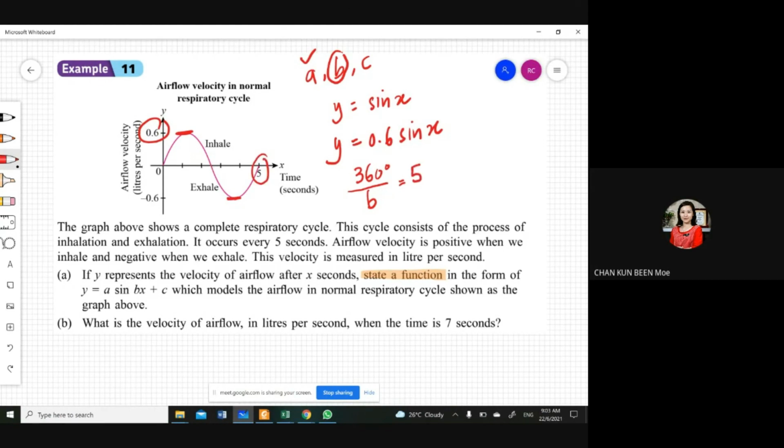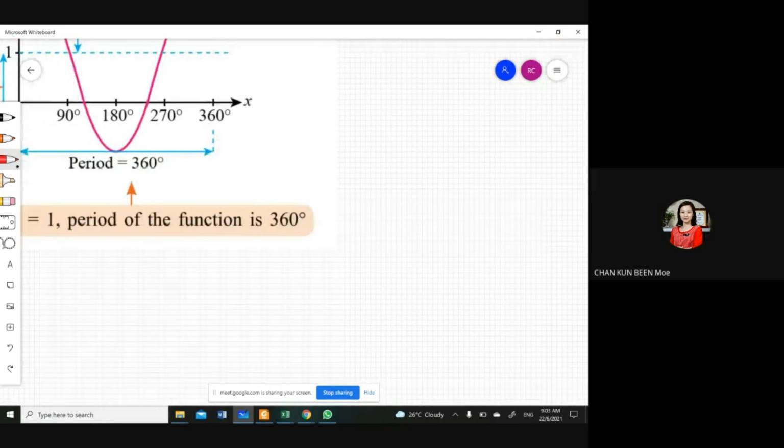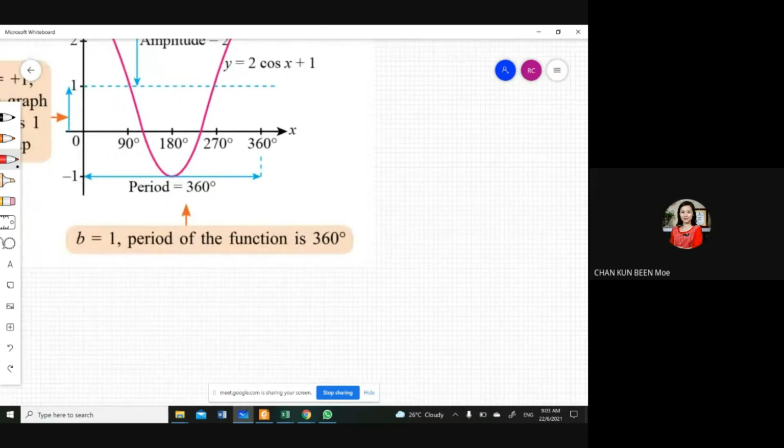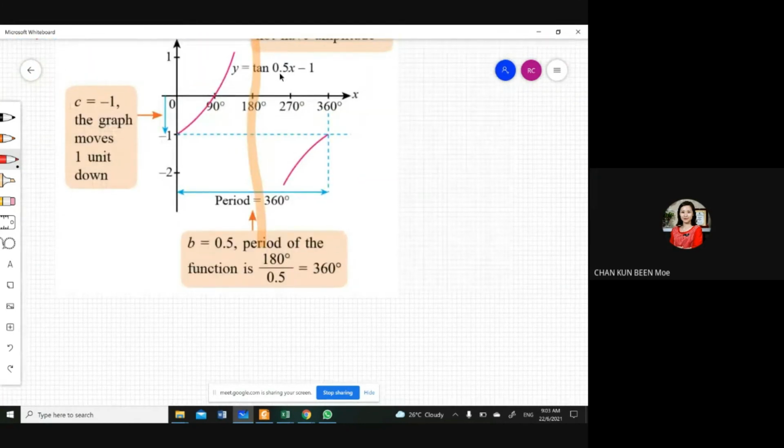Do you remember we did some examples before? You're given the B, so to get the angle, we use 180 divided by B. We get the angle.